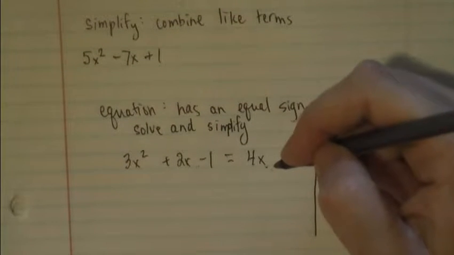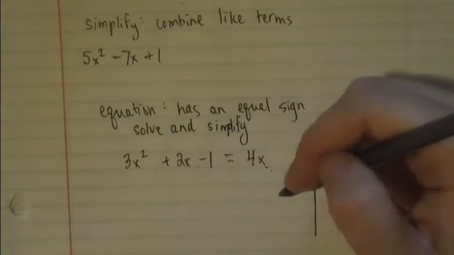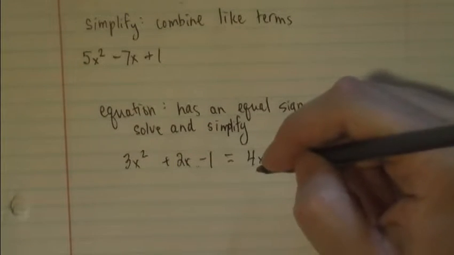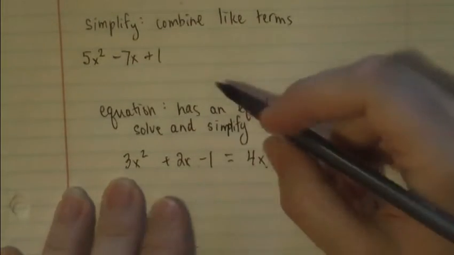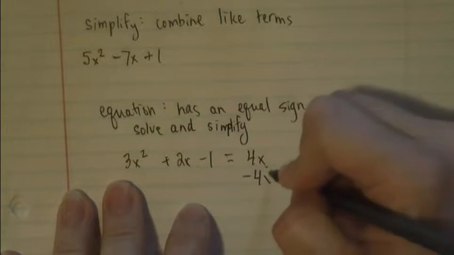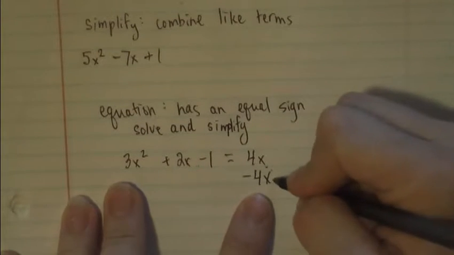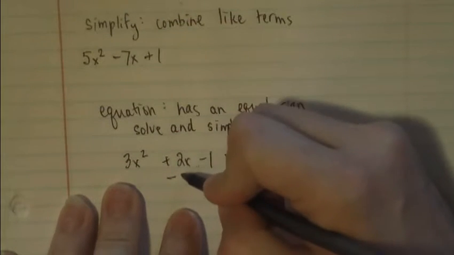So if I want to try to solve this, then I'm going to move everything around and I would combine like terms. But for right now, I'm just going to show you how to combine the like terms. So we would move the 4x, subtract 4x from the left side, but if we're going to subtract it from the right side, we also have to subtract it from the left side.